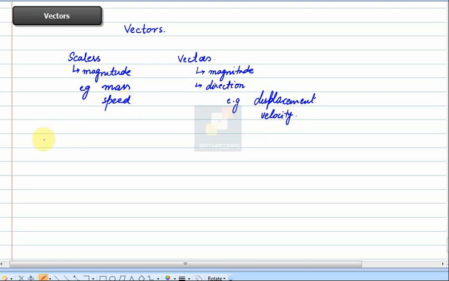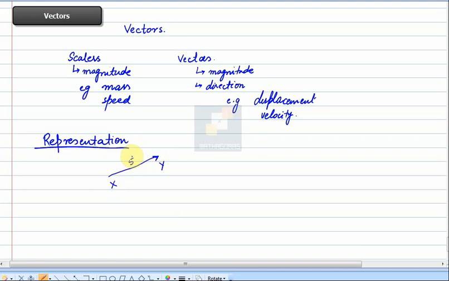Now the second thing is representation. How do you define a vector? Now we define a vector by an arrow, right? Let's suppose I can say that there is a vector XY having a value of 5 units, right?